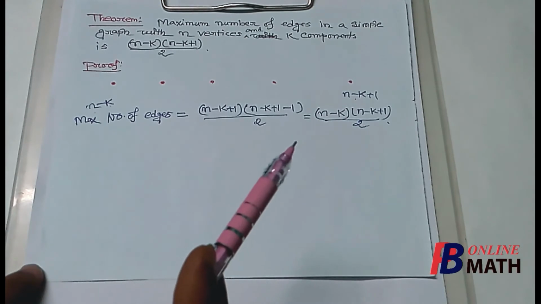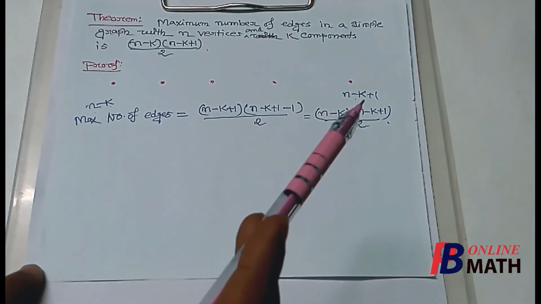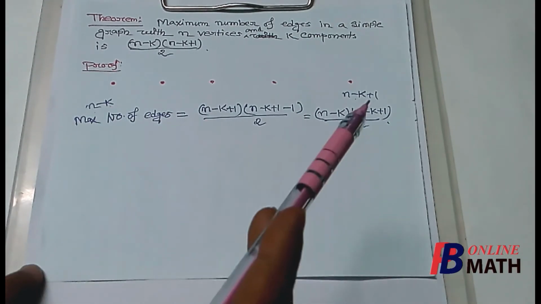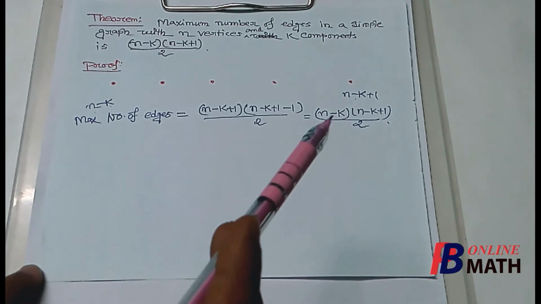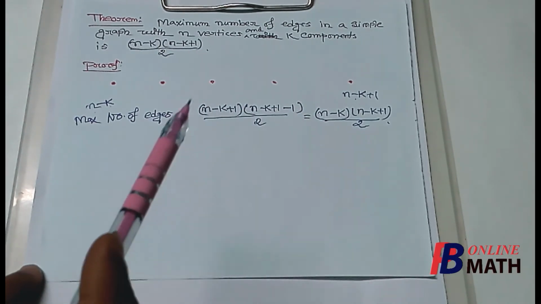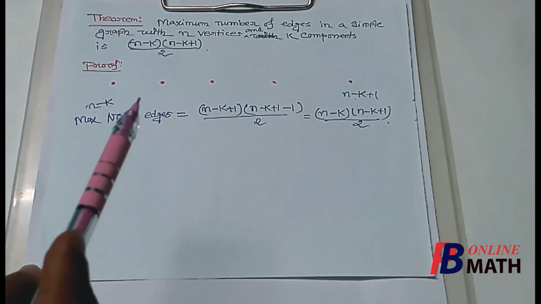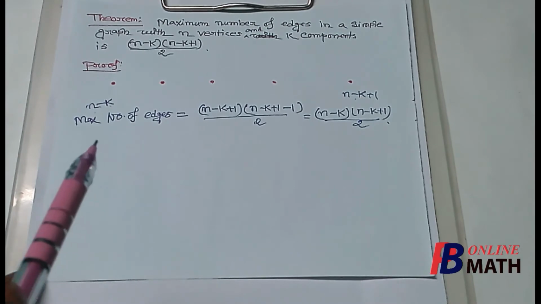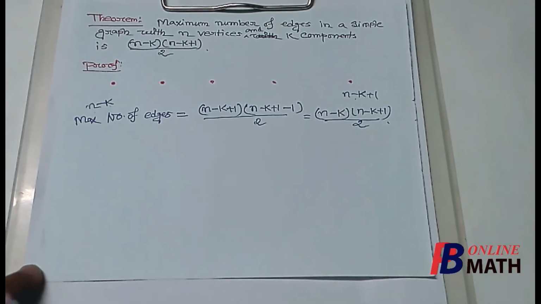Now we have claimed that if we distribute the n vertices in k components like this, then we get the maximum number of edges. Suppose this statement is not true, then there must exist another way to distribute the vertices among the k components such that we get more than this number of edges.